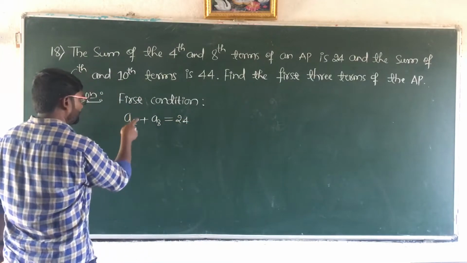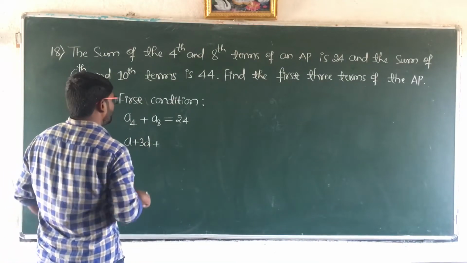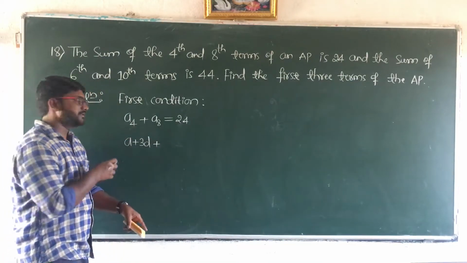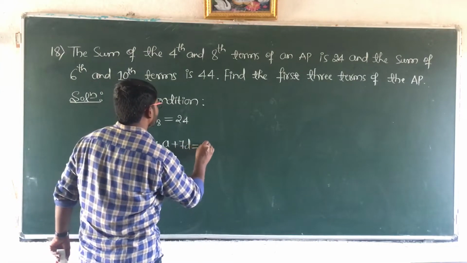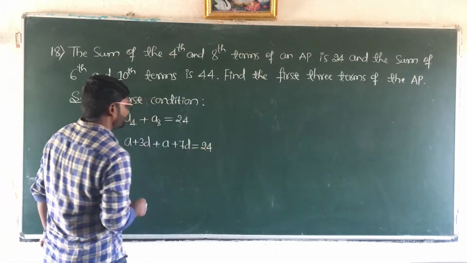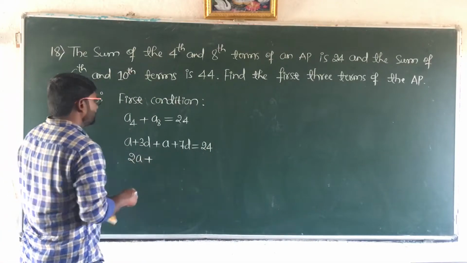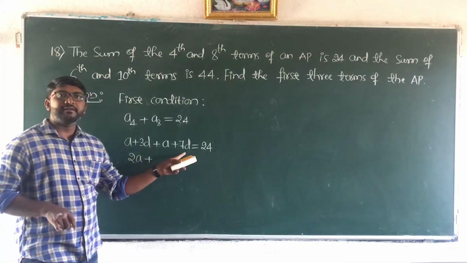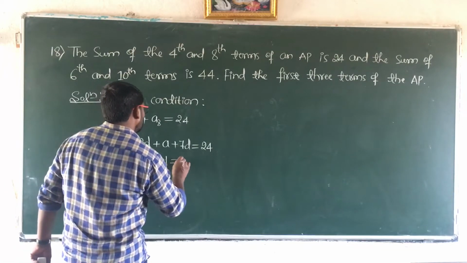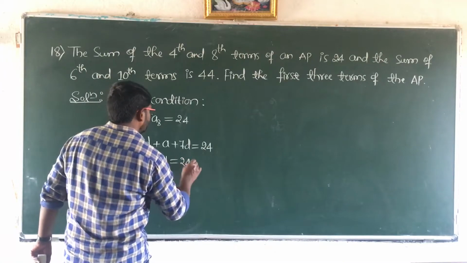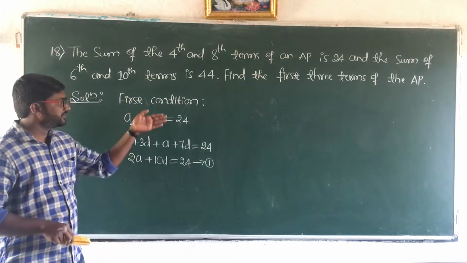A4 is A plus 3D and A8 is A plus 7D. So A plus 3D plus A plus 7D is equal to 24. A plus A is 2A, 3D plus 7D is 10D, so 2A plus 10D is equal to 24. I call this equation number 1.